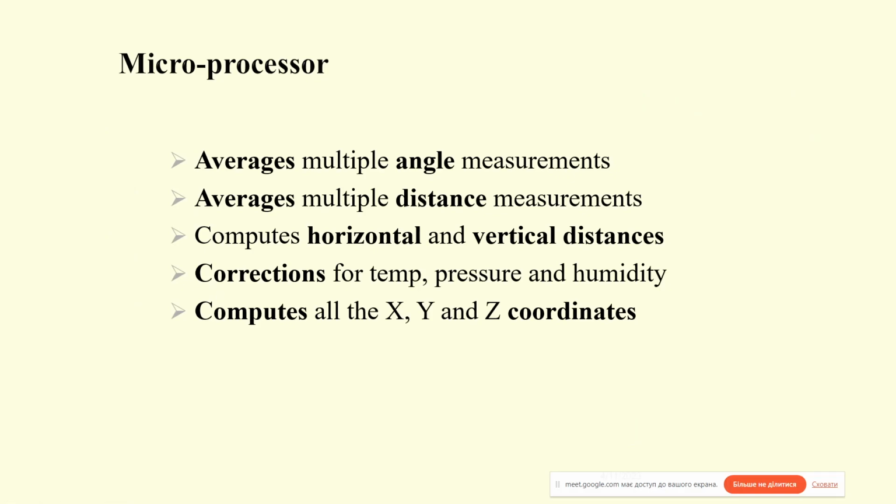The microprocessor averages multiple angle measurements, averages multiple distance measurements, computes horizontal and vertical distances, calculates corrections for temperature, pressure, and humidity, and computes all the x, y, and z coordinates of a target.